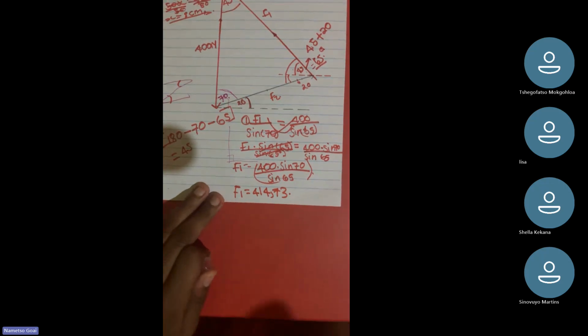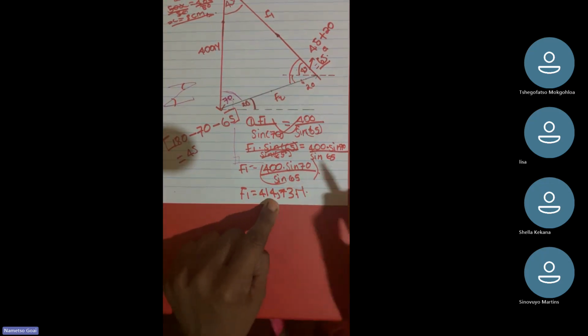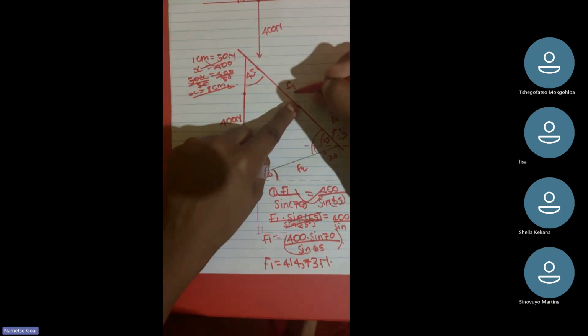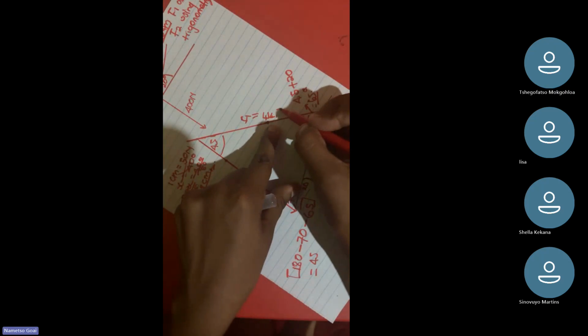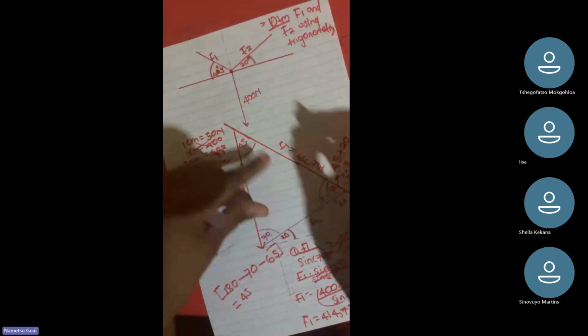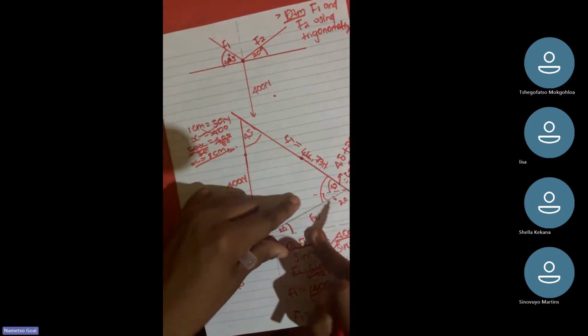So that means F1 is going to be 414.73 Newton. Now I'm going to need us to calculate. So we found F1 to be 414. You said 414.73, right? Yes, ma'am. Newton.